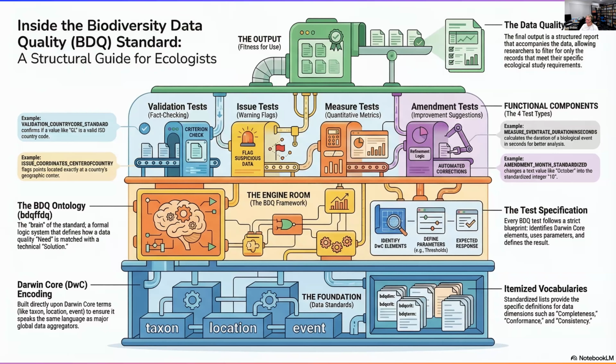And you can really say, while we've focused on the tests, there are 4 different types. There's validation type tests, issue tests, which provide a warning, which would require human intervention to evaluate.